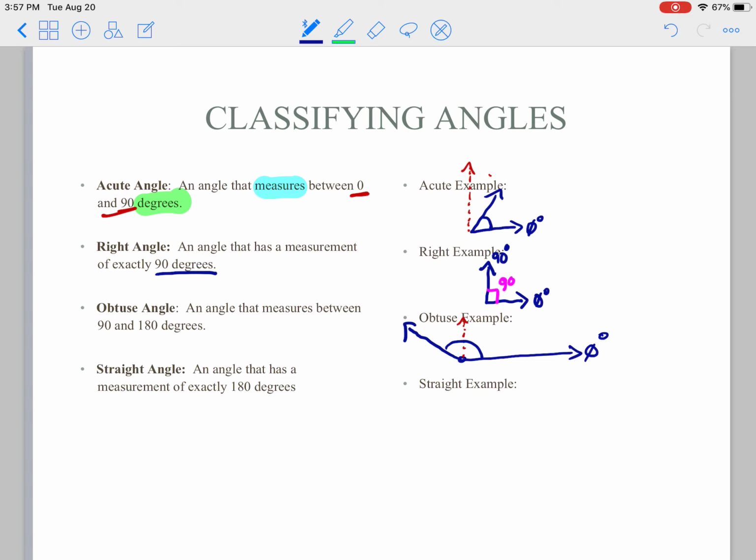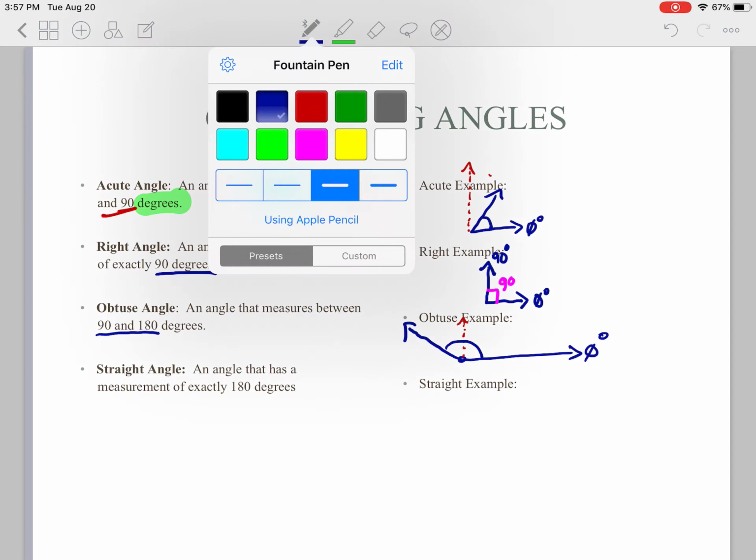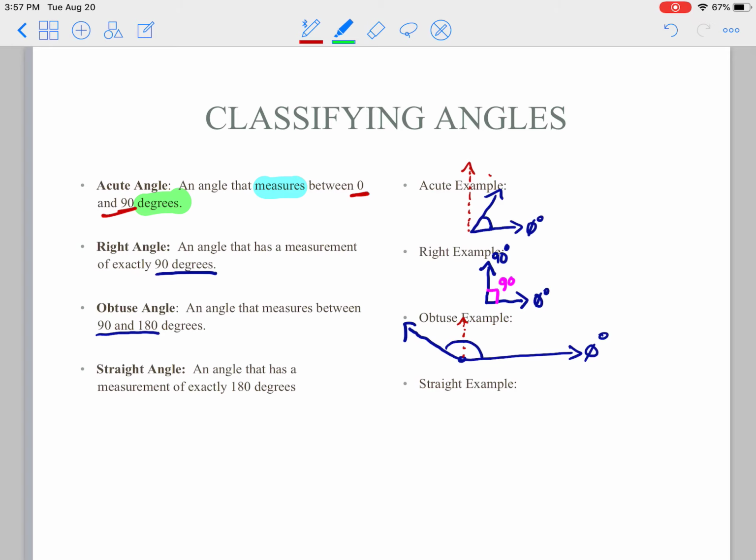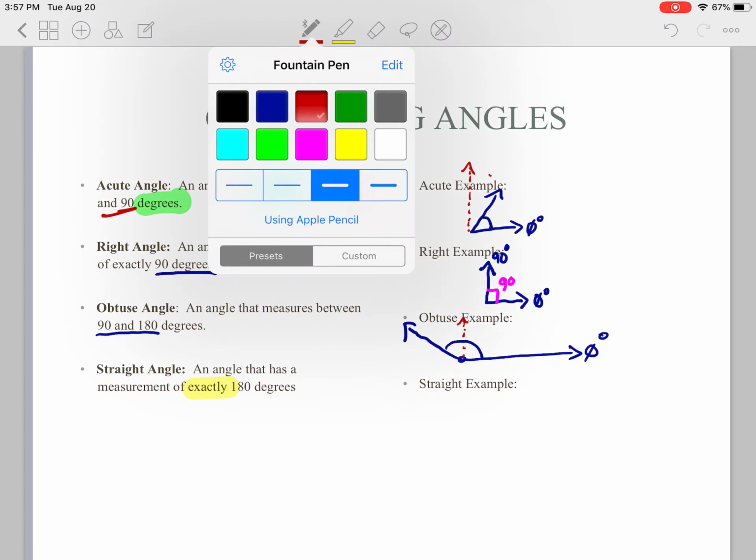And then lastly, we have a straight angle. So there's my obtuse. A straight angle, here's the important word. Exactly. It is exactly 180 degrees.